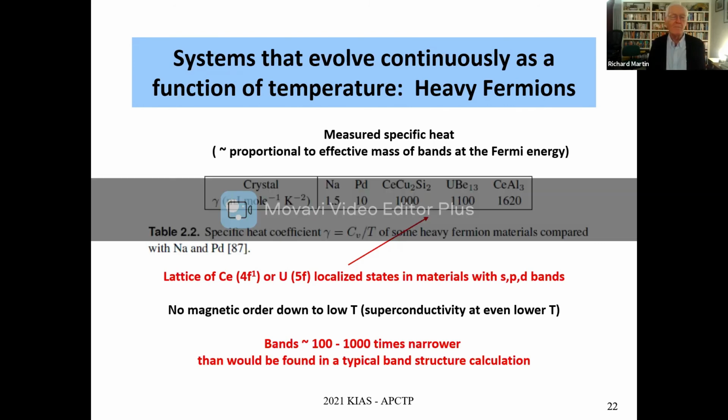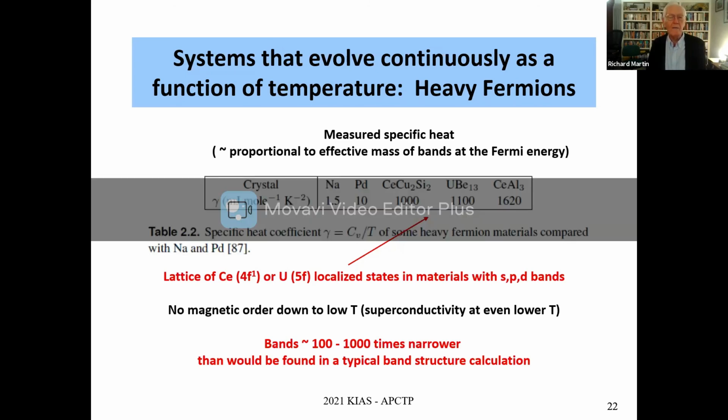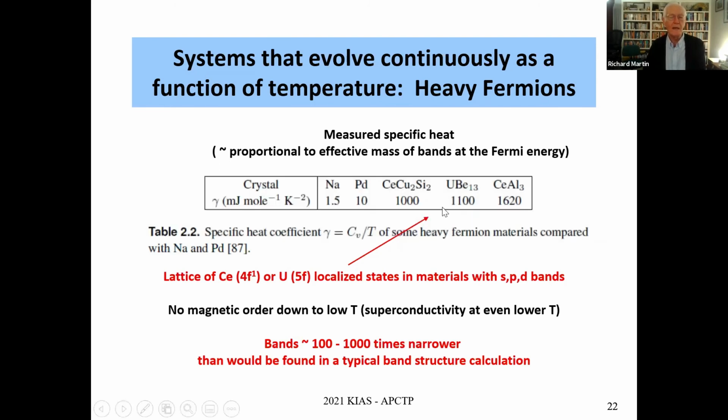They may have other order, like they become interesting superconductors at even lower temperature. But at a range where we can actually look at the specific heat and investigate the bands, there are no phase transitions, and they act like systems that have masses that are 100 or 1,000 times larger than ordinary systems, measured directly in the specific heat, which implies bands that are 100 or 1,000 times narrower than in a typical band calculation.